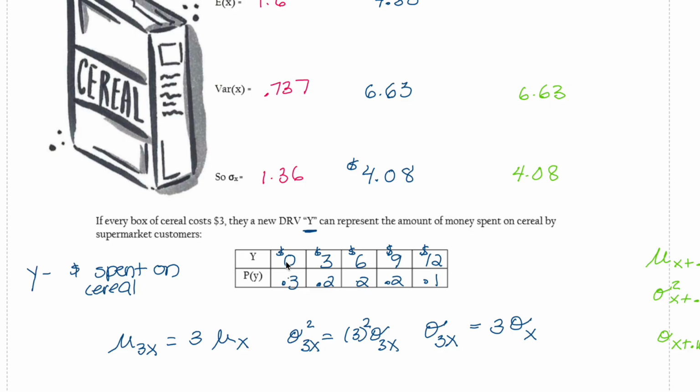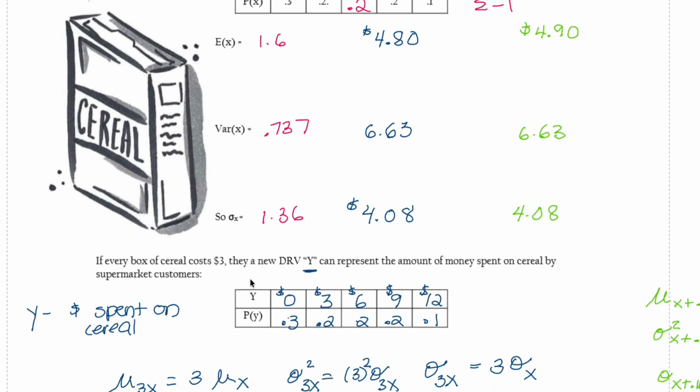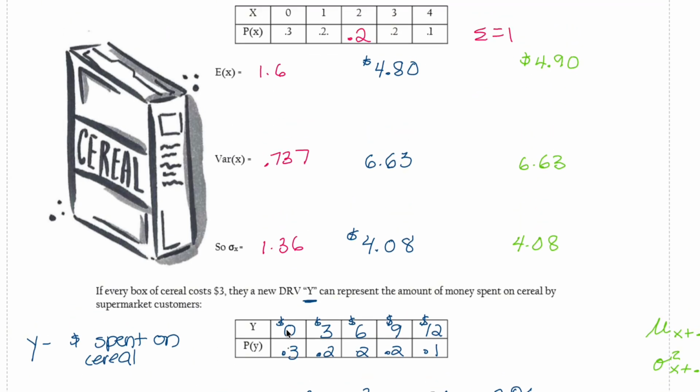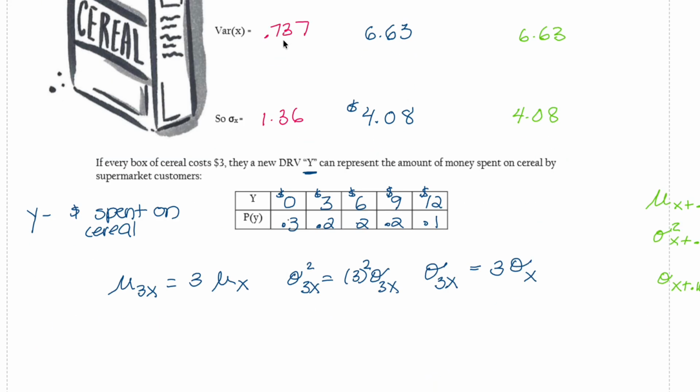So $0 represents you buy nothing, for $3 you buy only 1, for $6 you buy 2, and so on. Even though the numerical values for y changed, the relative frequency does not change. Each one has the same corresponding frequency as x right here.